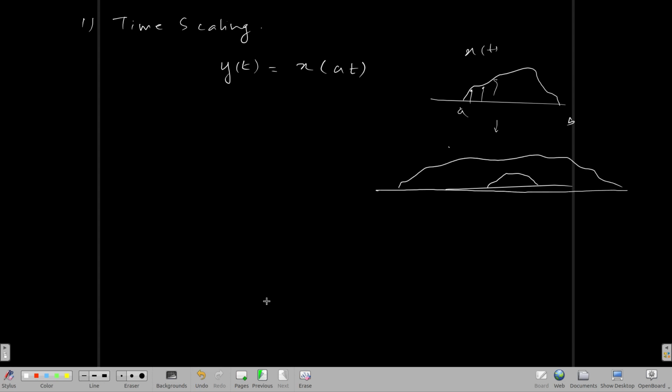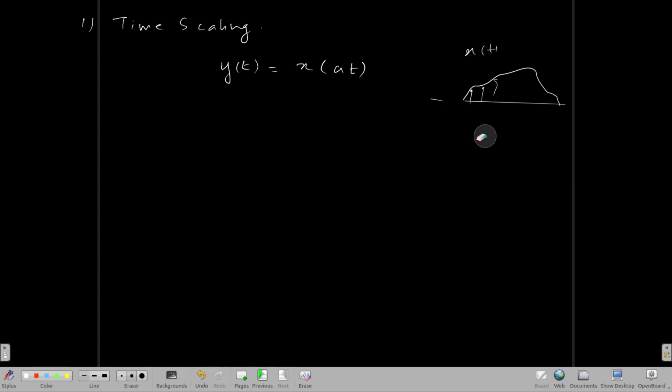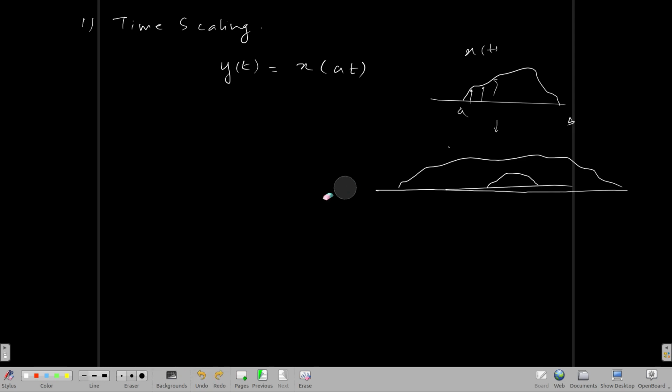So what is happening is, we have the original signal x of t. Suppose y of 1 will be x of a, y of 1.1 will be x of a into 1.1, right?